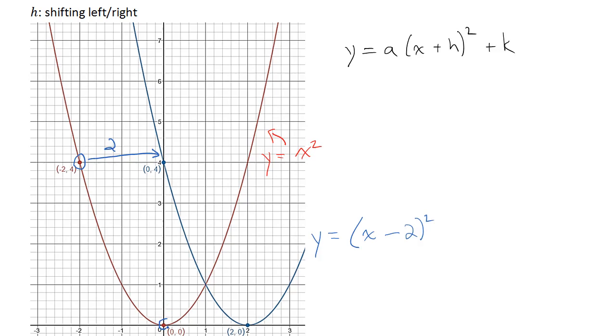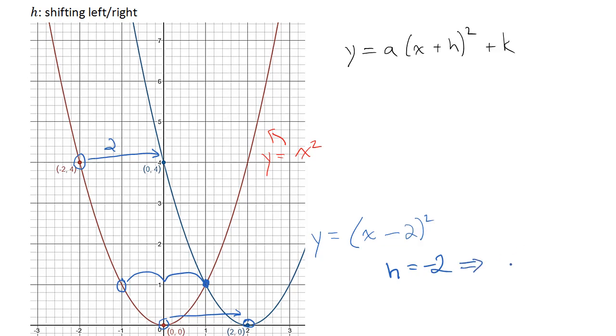Just like this part right here, which is called the vertex, that part is shifted exactly 2 units to the right. And if we were to look at every single coordinate, we'd see it's shifted exactly 2 units to the right. And we've got this (x − 2)². So we could say that h is equal to negative 2.